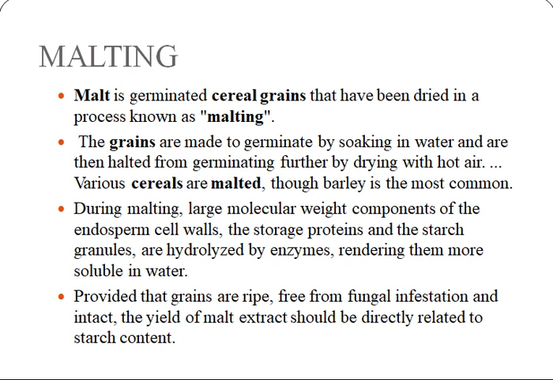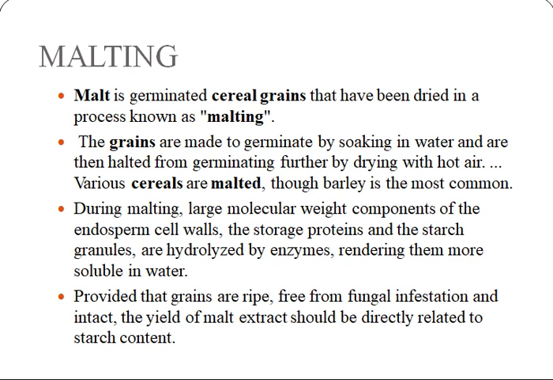First of all, we soak the grains in water, and when we soak the grains in water, their germination starts. In the presence of water, their enzymes become activated, and when the enzymes become activated, the processes that are happening also accelerate. The rate increases, and then we stop this process when the required germination is achieved.